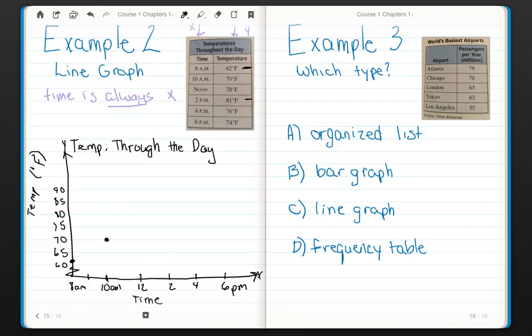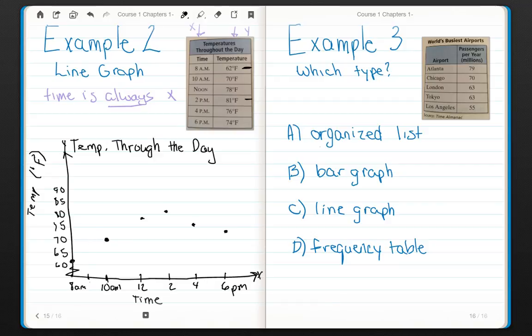Noon, it was 78 degrees. So not quite 80. At 2 p.m. it was 81 degrees, just a smidge higher. At 4 p.m. it was 76 degrees, starts to come back down and get a little cooler. And at 6 p.m. it was 74 degrees.